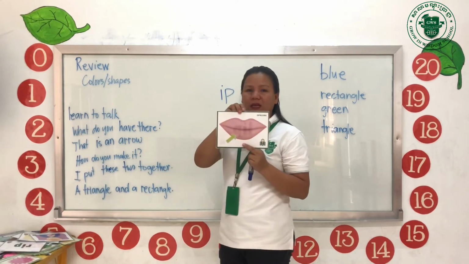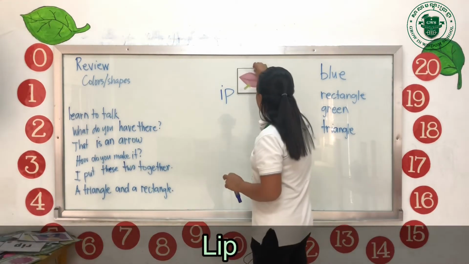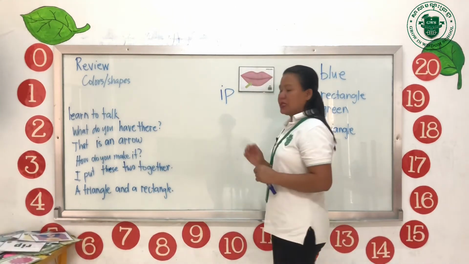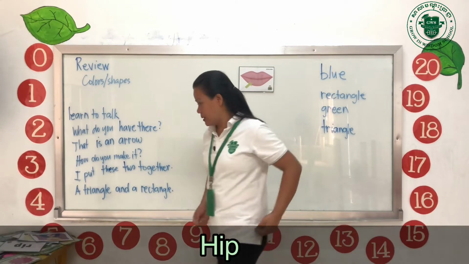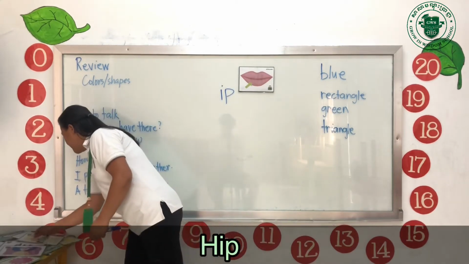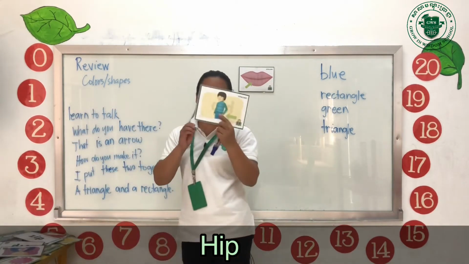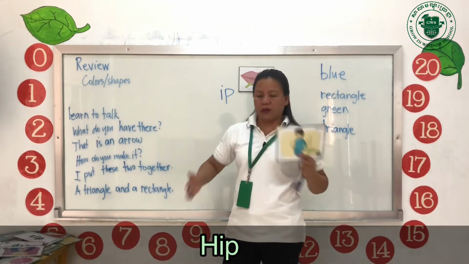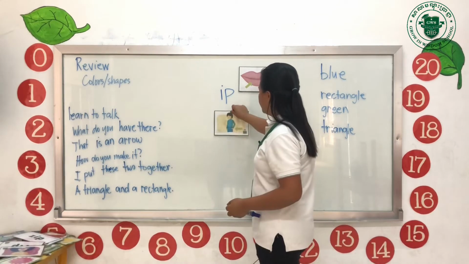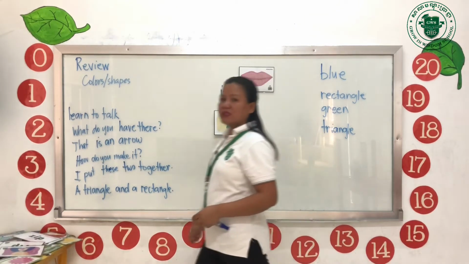This is lip. And the other one is hip. Hip is here. See, this is the hip. And zip.